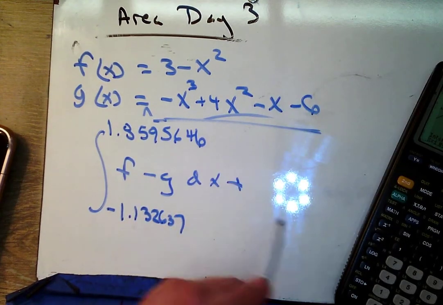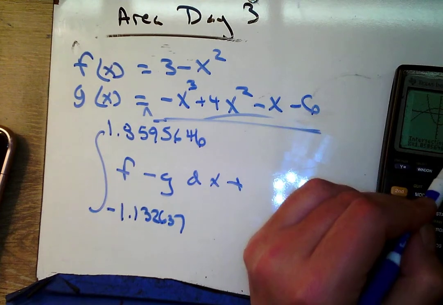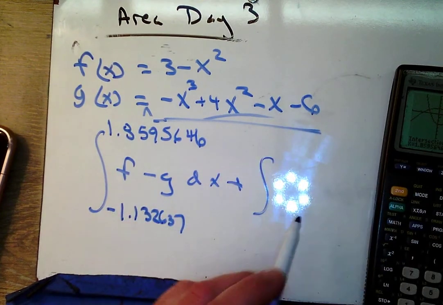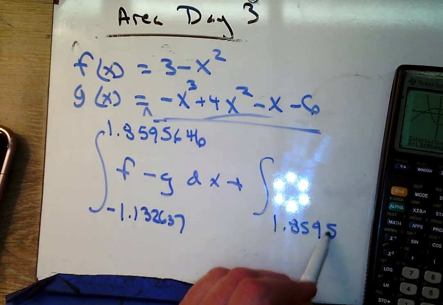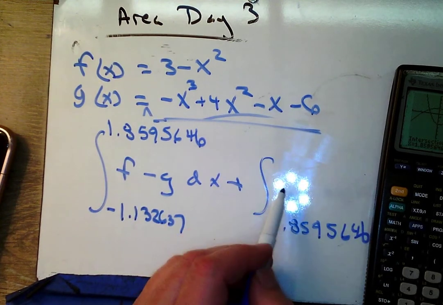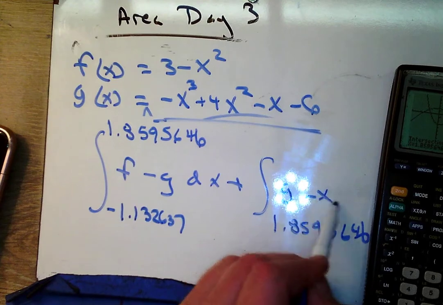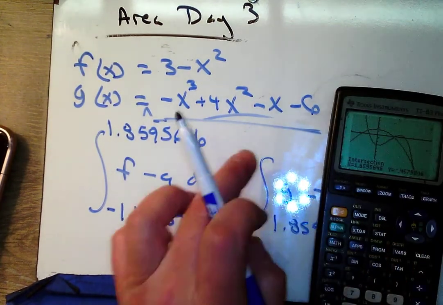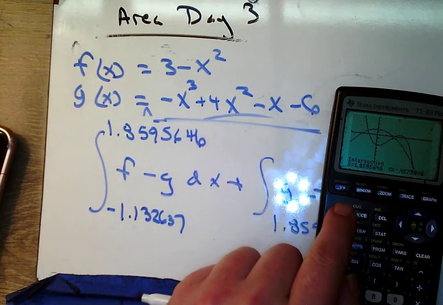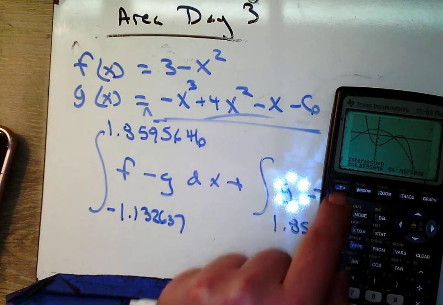But we want to add to that this other integral, which goes from 1.8595646 with g minus f dx. And where's that point of intersection? Over there.